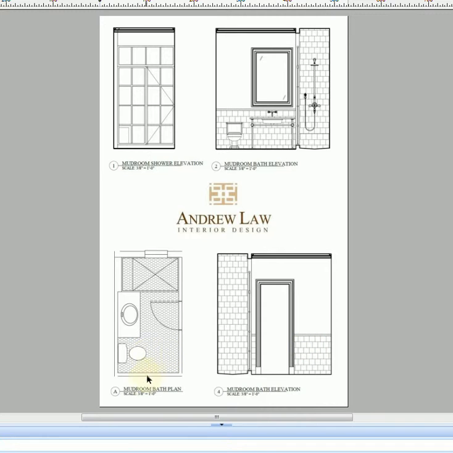We don't see this wall coming back this way. If we're looking back this way, that would be this elevation. This is the toilet looking this way, and the vanity. It's not cabinetry, it's an open one. And then the shower wall looking back this way, and then this is the glass door showing us this way.